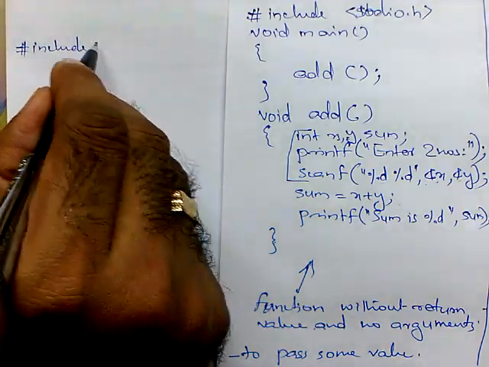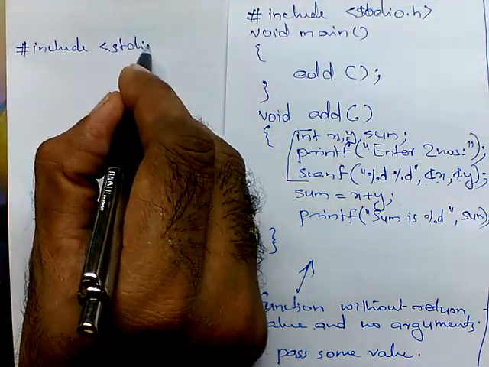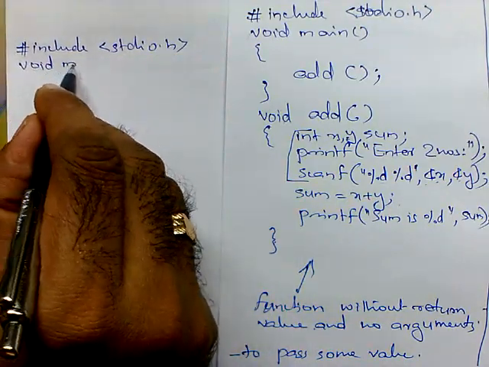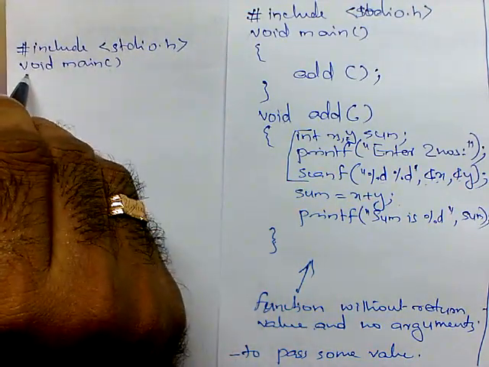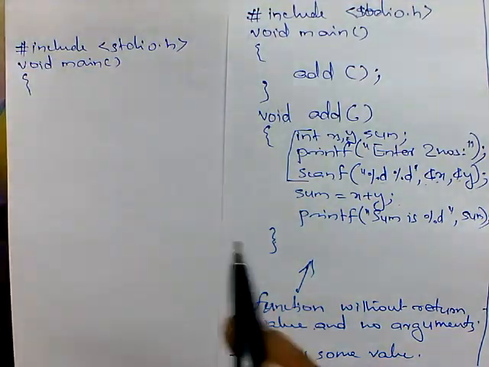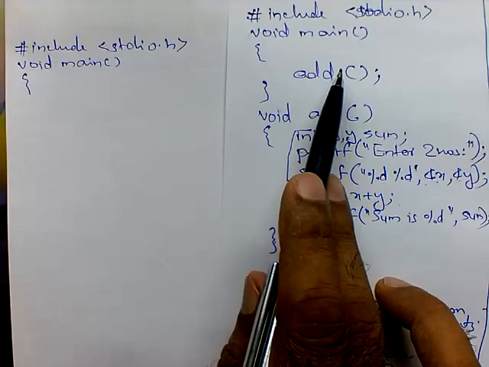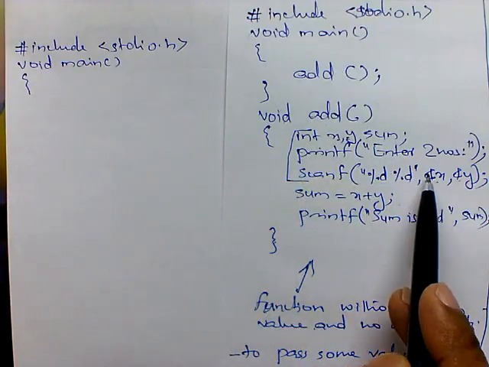#include <stdio.h>, void main. Now what we want to do is take these two values inside the main function. We want to read these two values inside the main function.